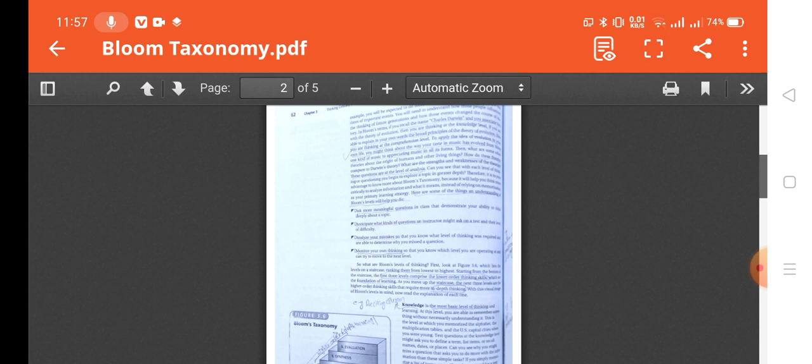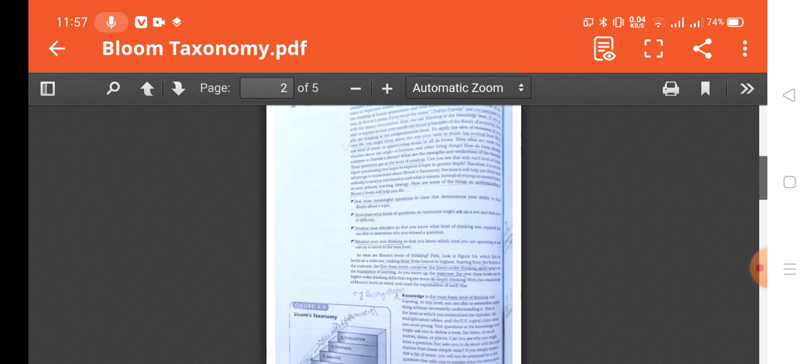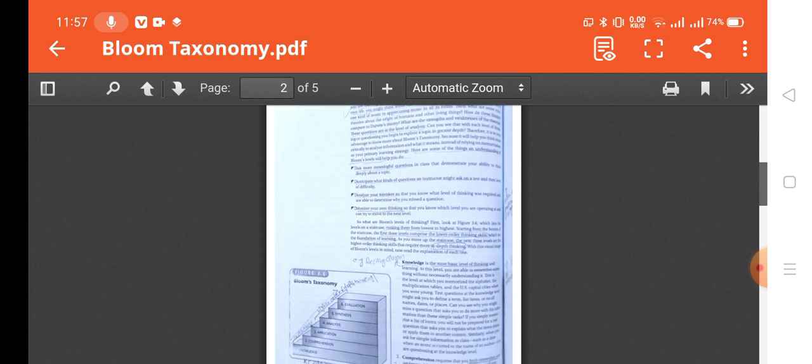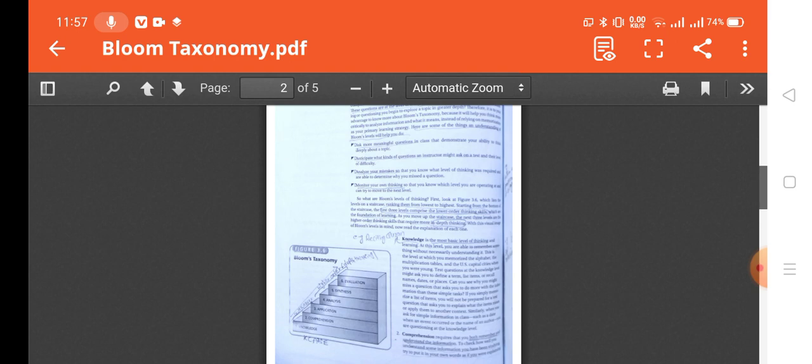And here we'll discuss what we understand by this taxonomy, this figure that he has suggested.